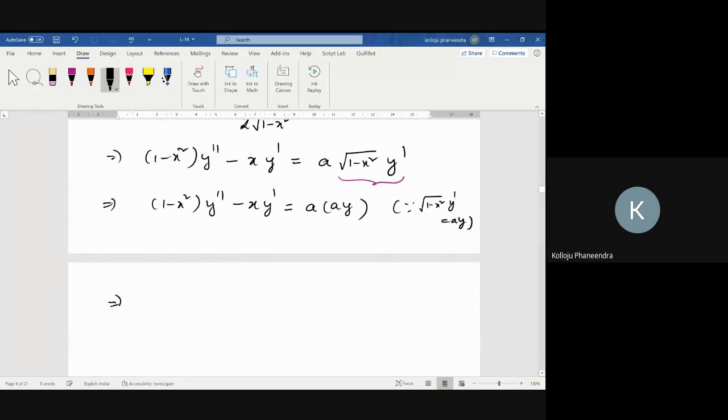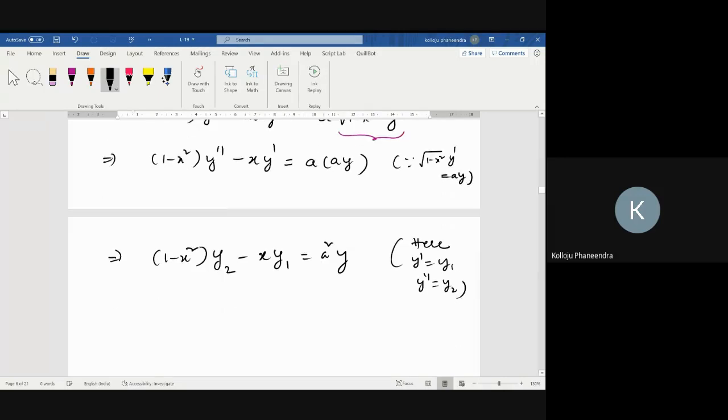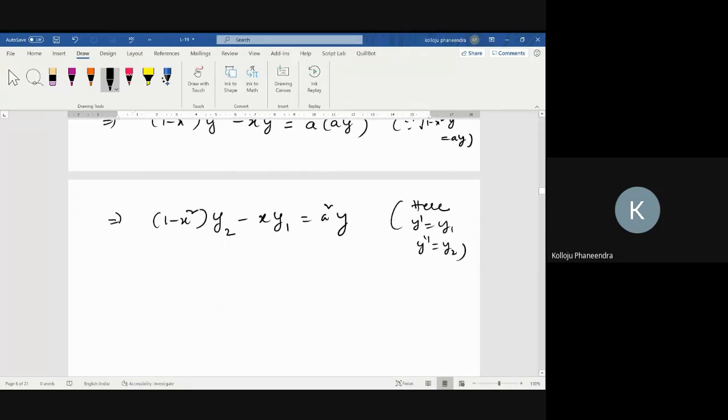I'm changing the notation: y double dash is y2, y dash is y1, equal to a square y. Y2 stands for the double derivative. Take this as equation star.